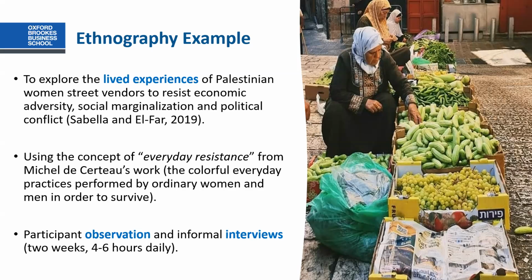They spent 4 to 6 hours daily, and their fieldwork lasted 2 weeks. So an ethnography can be a short study of 2 weeks, or it might be as long as 2 years. It depends on the nature of the research, the budget available, and the time as well. So they were observing those women.